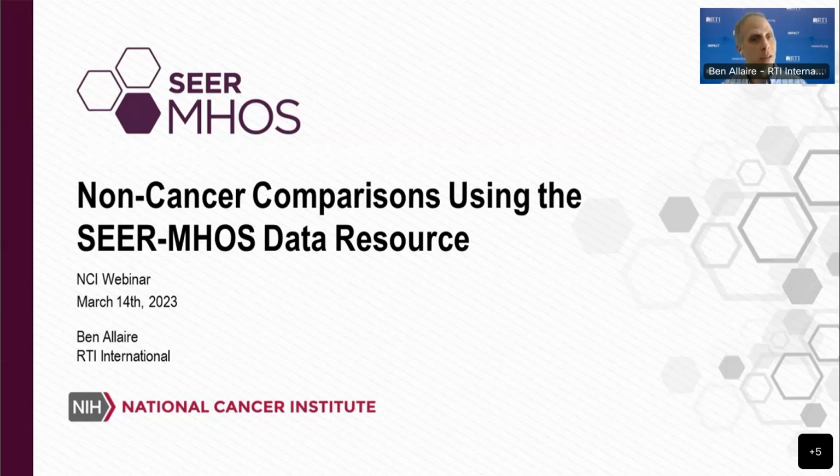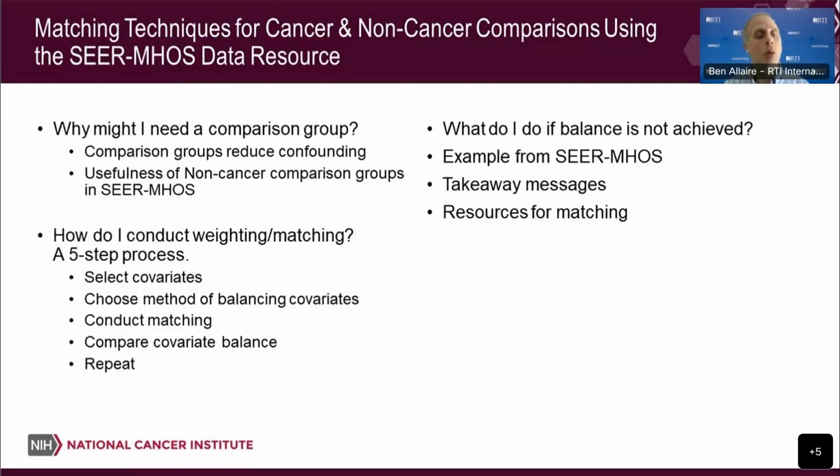So what we're going to be talking about today is in particular matching techniques for cancer and non-cancer comparisons. First, just real briefly, we're going to go through why you might need a comparison group and what its uses are.